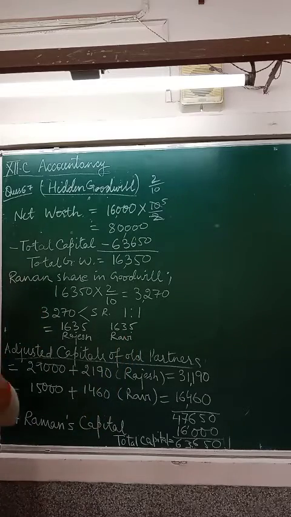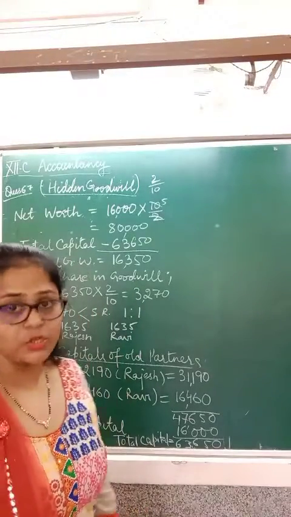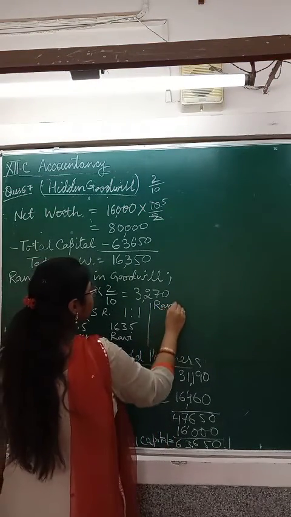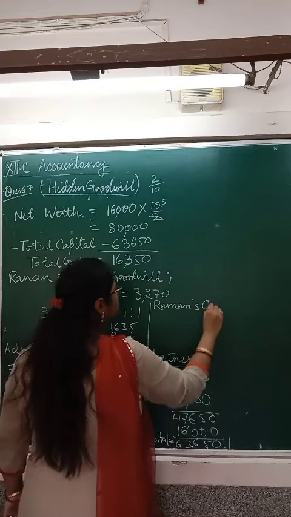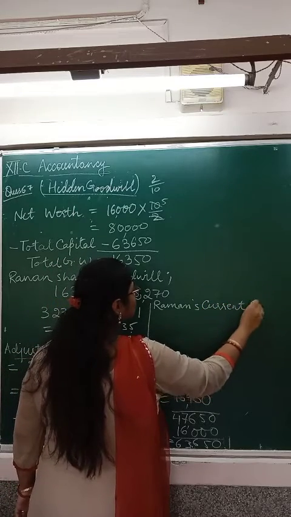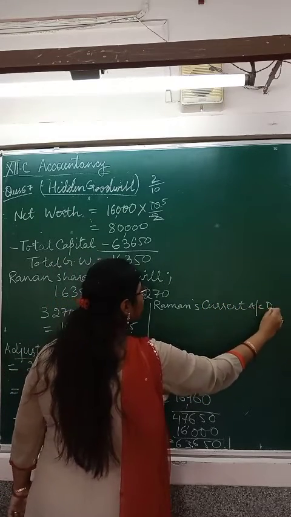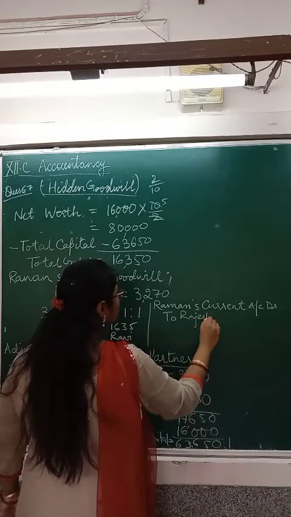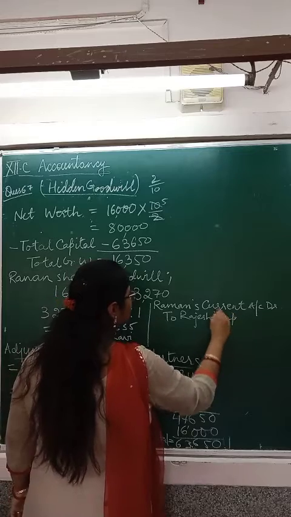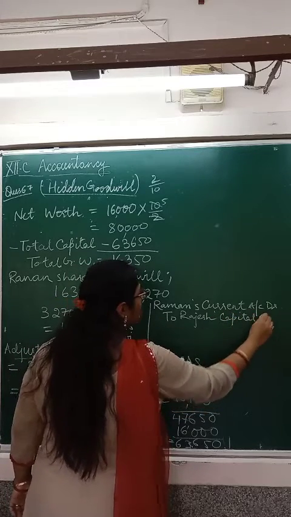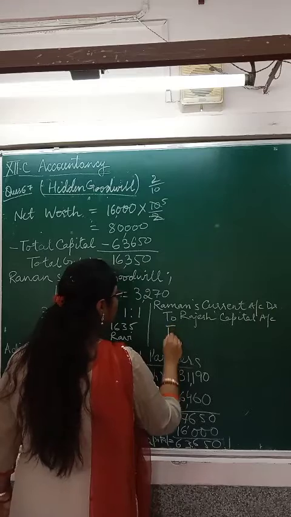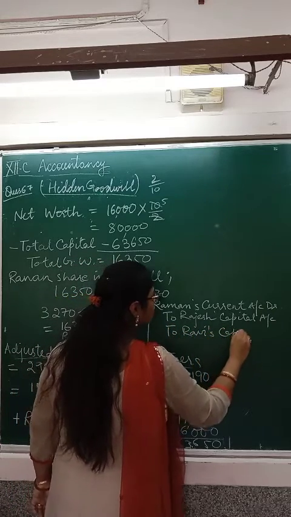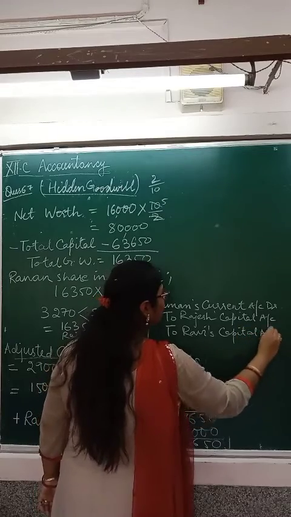Now since Raman is not bringing this amount in cash, the journal entry that will be passed will be: Raman's current account debited, to Rajesh's capital account and to Ravi's capital account.